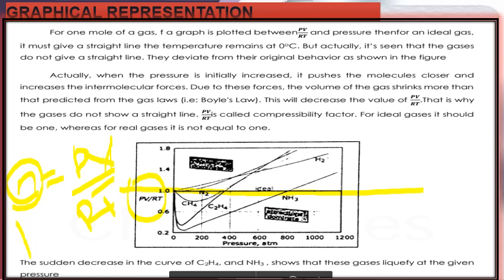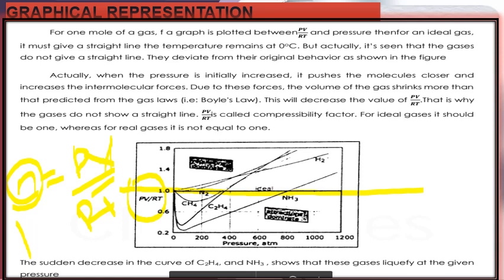You can see the gases, they are originating from that of the point 1 at zero pressure. At zero pressure, maximum of them they have the point 1, but as you are increasing pressure, the gases, instead of going straight, they are moving down or upwards. Here you can see, right? Now, why does it happen?